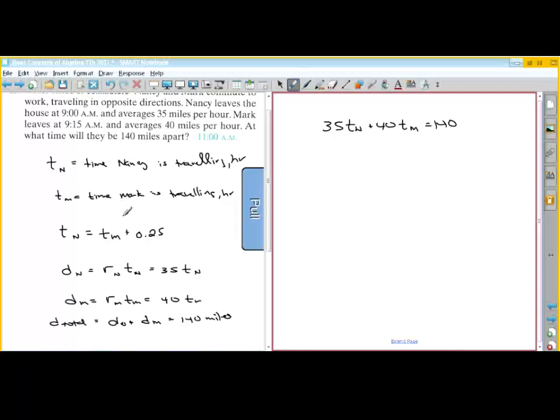Okay, so we have one equation and two unknowns, but we can then substitute in this final relationship. The time that Nancy travels is going to be equal to the time that Mark travels plus 0.25. Then we add the second term and then the other side.